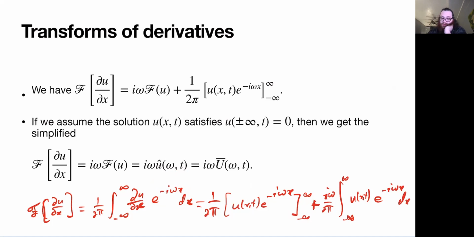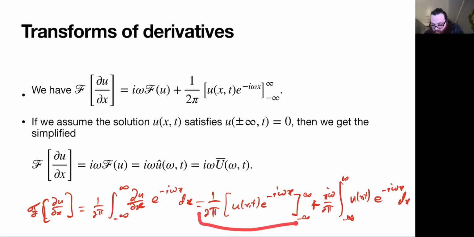And so the observation is that 1 over 2 pi times this integral is exactly the Fourier transform of the function u. So when we take the Fourier transform of the derivative, we get i times omega times the Fourier transform of our function. In a sense, derivatives become multiplication by i omega.